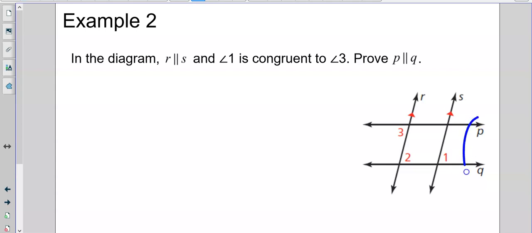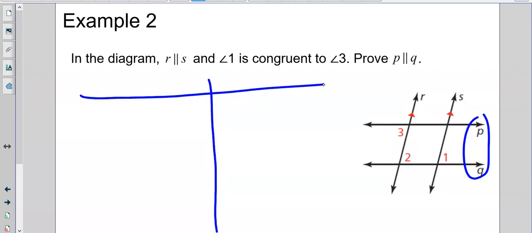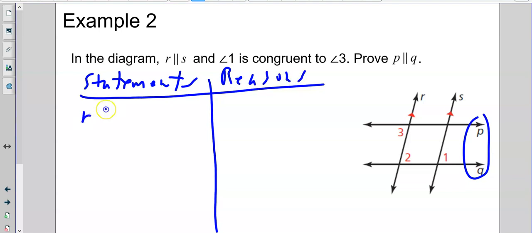We're trying to prove that P and Q are parallel. All right, so we're going to do what we did before. We didn't do this before, but we're going to call this statements, and here's our reasons. So what were we given? R is parallel to S, and angle 1 is congruent to angle 3. Those are both given to us.